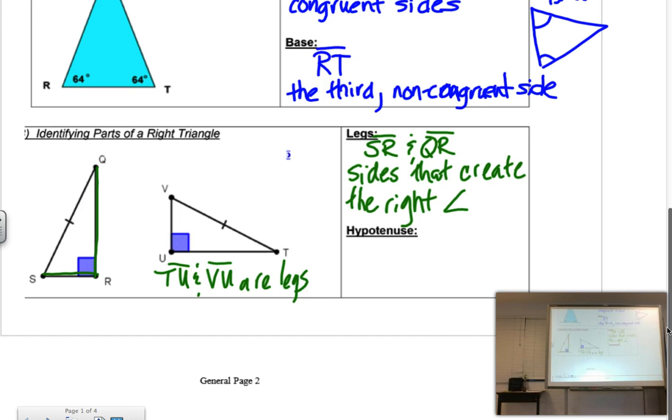Okay, and why do we call QS a hypotenuse? How can we identify that QS is the hypotenuse? Describe a hypotenuse. It is definitely the longest side of the triangle, so I'm going to put that down here.